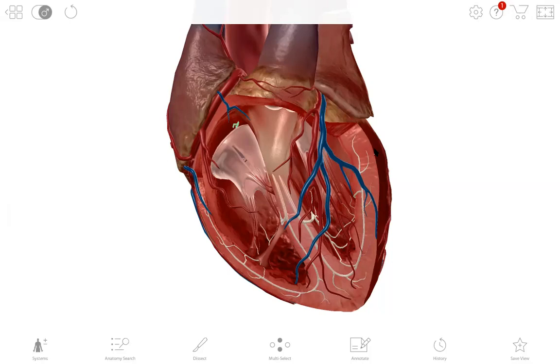For example, if there is fluid inside, or pus inside, or blood inside, or an inflammation, each one carries its own clinical term. Okay, this is regarding the serous membrane outside.